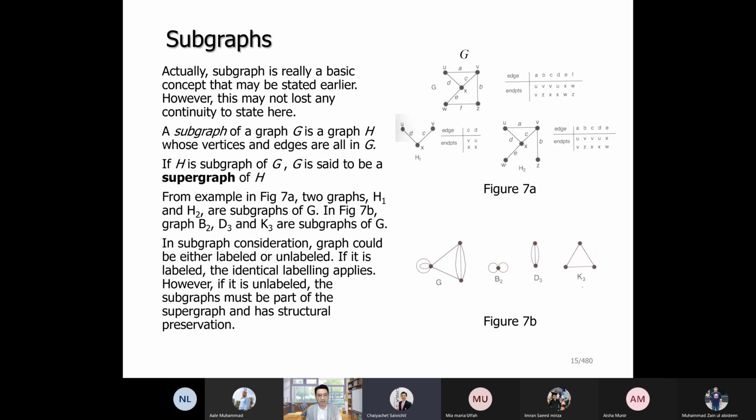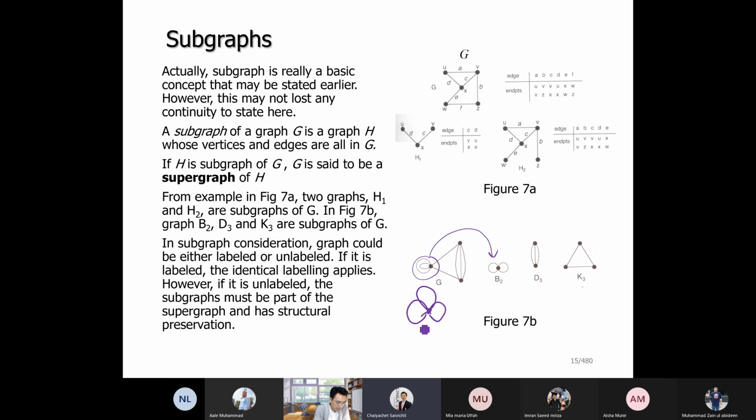So for example, 7a, graphs H1 and H2 are subgraphs of G, and 7b, like B2, D3, and K3 are the subgraphs of G. For example, B2. Which part of G is B2 the subgraph? Is this one, right? Into here. You see that G has contained two self-loops. Two self-loops become the bouquet. Remember bouquet. Bouquet is like we have the self-loops, like B2, two self-loops here.